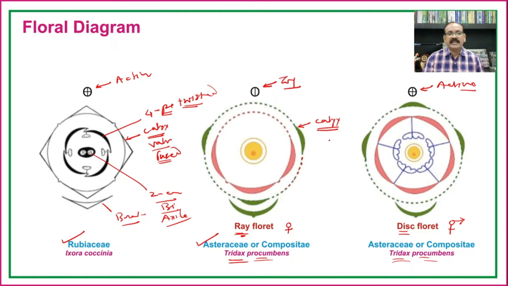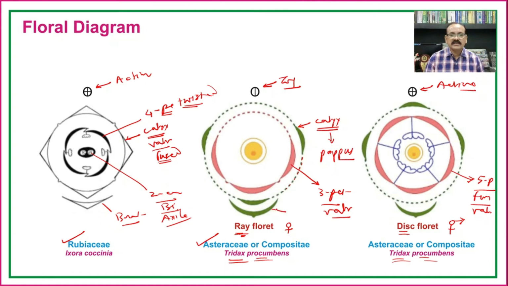So it indicates that the calyx is modified into pappus. Then the presence of the corolla. Here there are 3 petals which are fused with valvate estivation, and here there is a presence of 5 petals, again fused with valvate estivation.